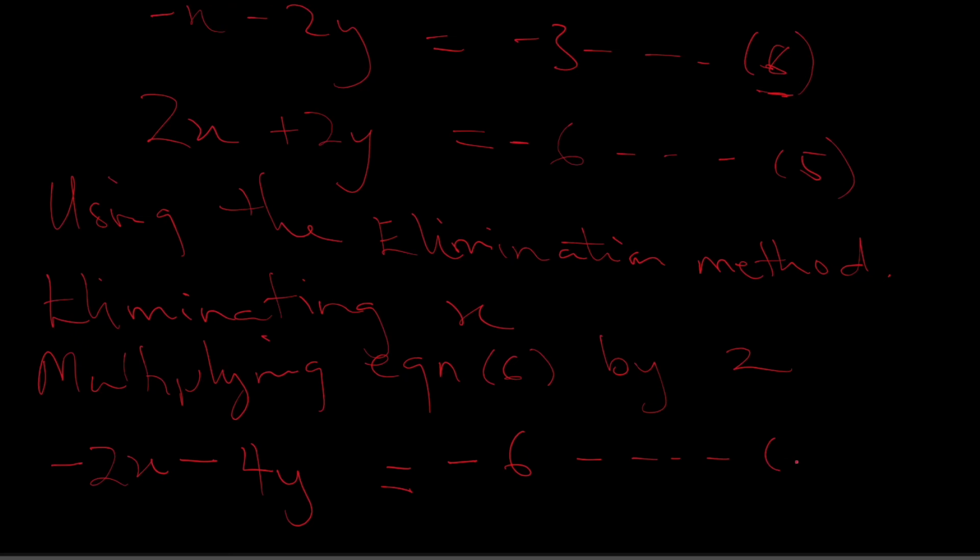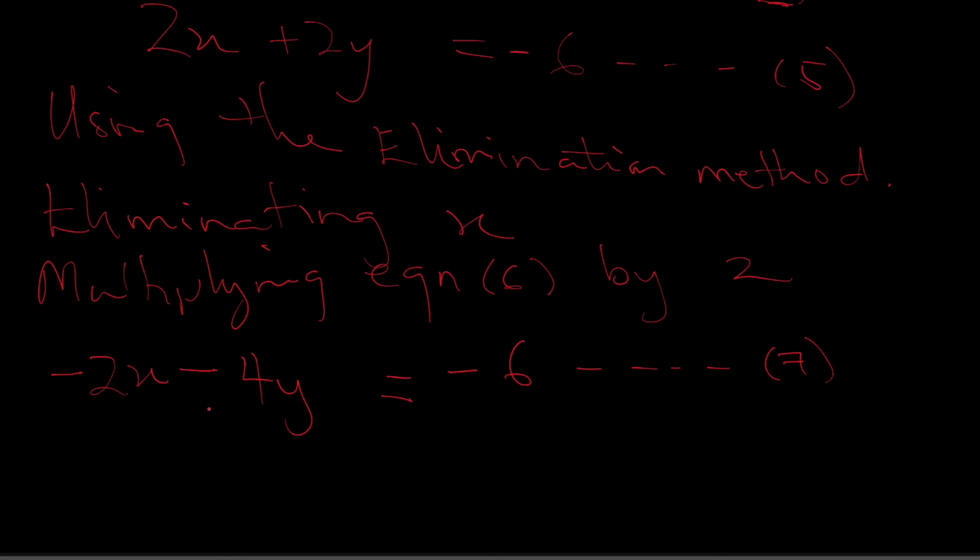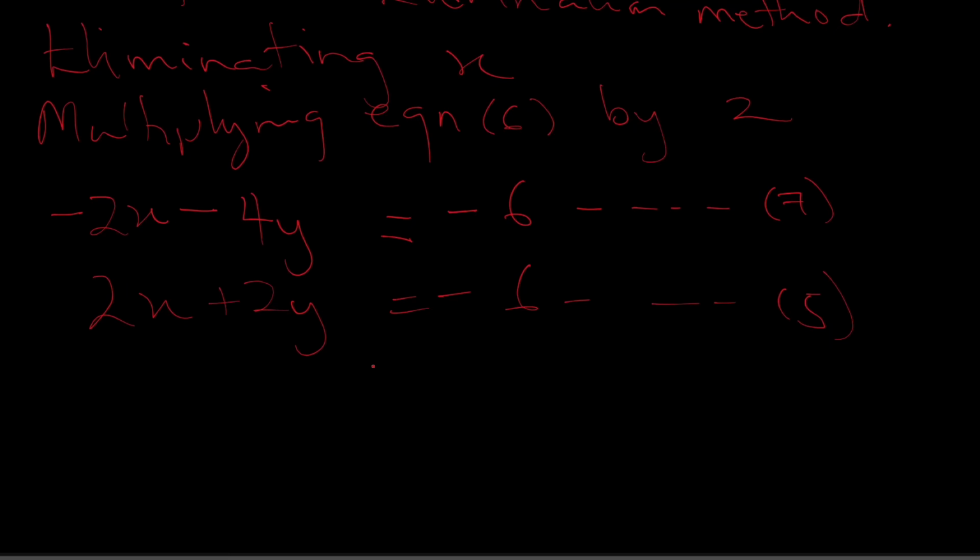So that will be our equation 7. Then we have our equation 5, which is 2x plus 2y is equal to negative 6. Now the coefficients of x in both equations are the same, so we can add equation 7 and 5 to eliminate x.